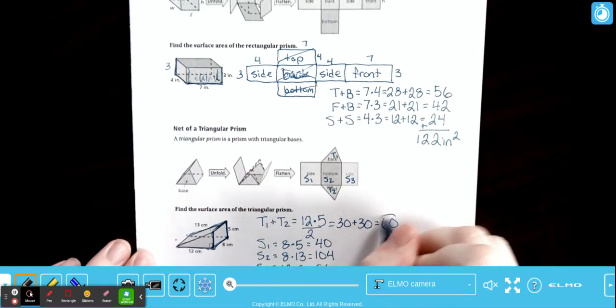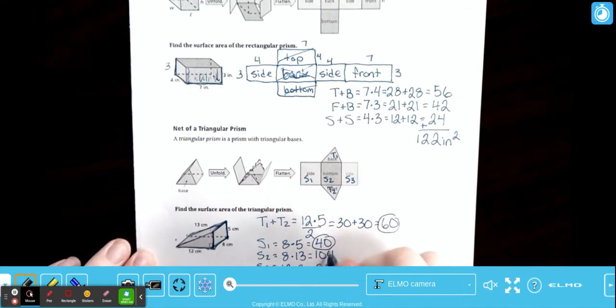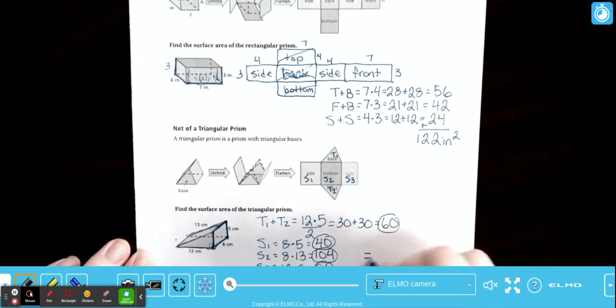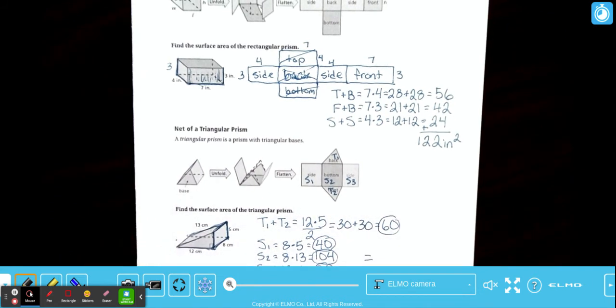Okay, and then what's my final step? Add them all together. So 60 plus 40 plus 104 plus 96. Not quite. Chase? That's not what I have, but nope.